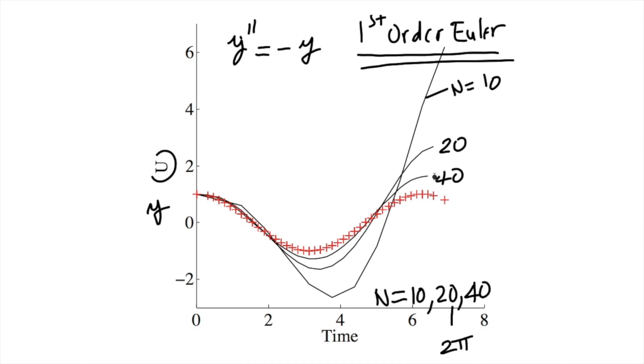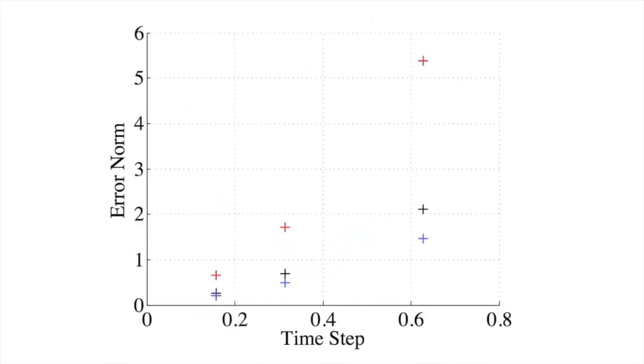And so let's quantify. Here we now look at the error. As far as the notation is concerned, the 2 norm of the error is plotted in black, the 1 norm is in blue, and the infinity norm is plotted in red.